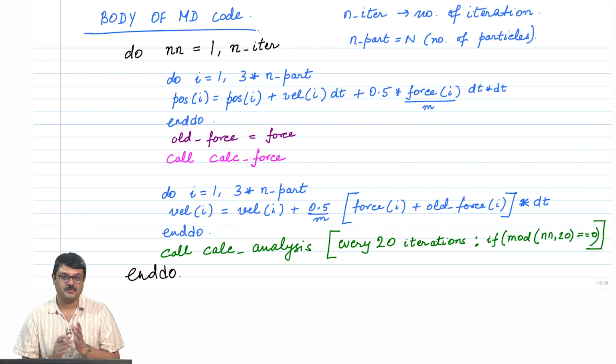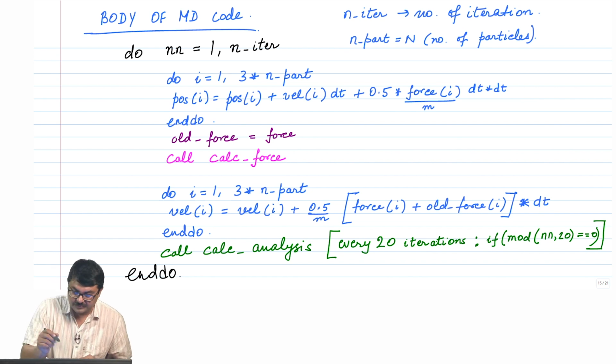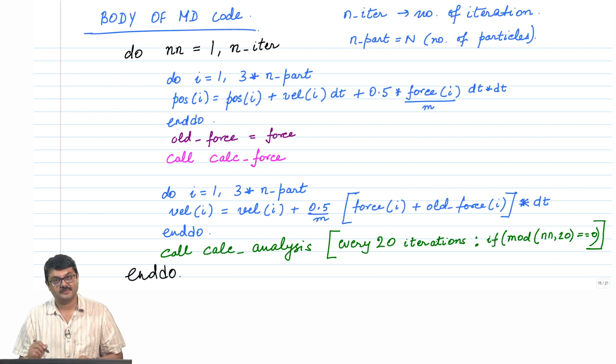If you are integrating Newton's equations of motion, in one iteration the particles are not going to significantly change their position or their velocity. It is only after 20 or 100 or 1000 iterations, depending upon the value of dt, that this happens.